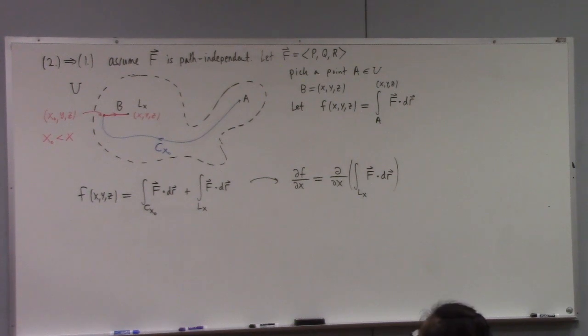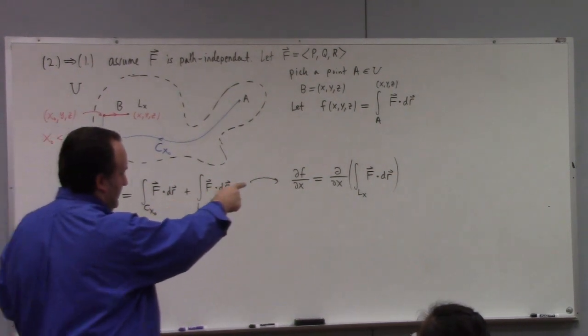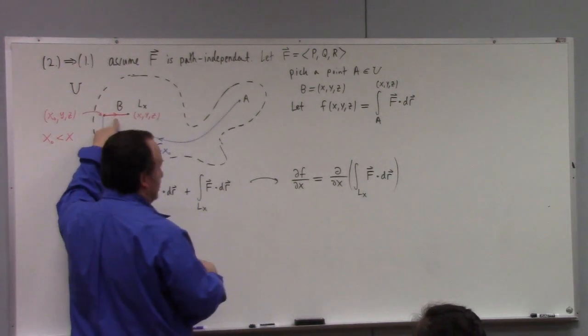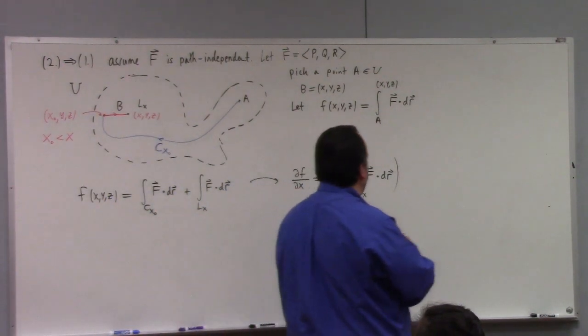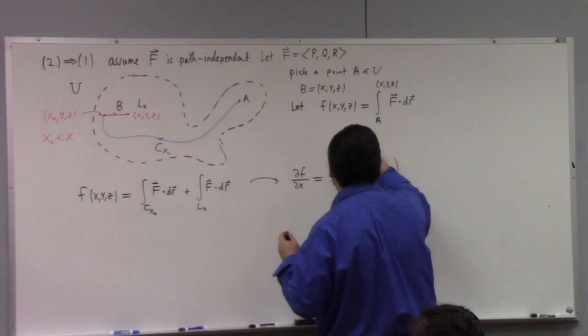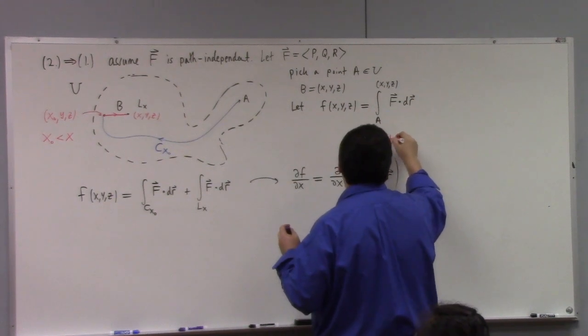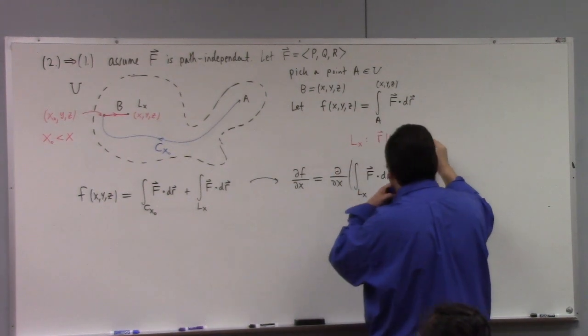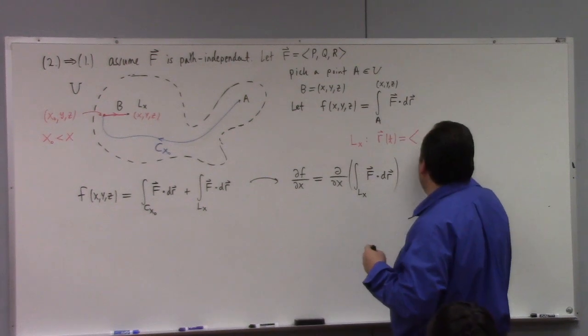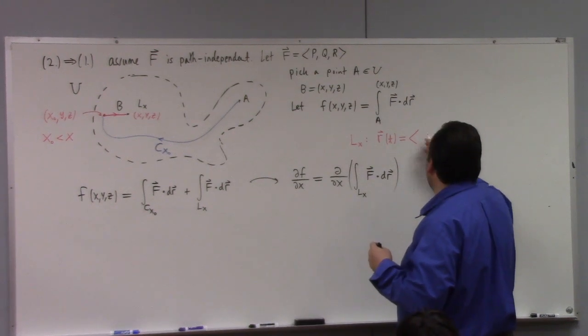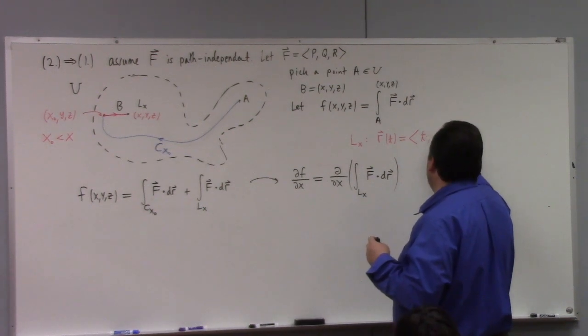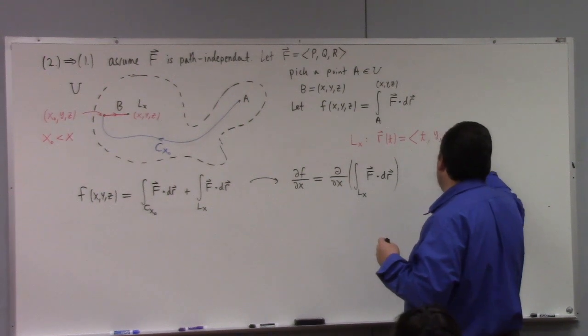Okay, so then we just calculate what explicitly is this integral. How do you parameterize Lx? Guys, tell me. What's the parameterization of Lx? We can look at r of t equal to what? You got t for x, and your y and z are fixed at y and z, whatever those are.